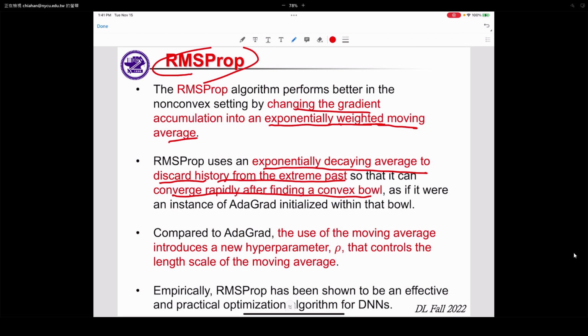You think that a gradient from a long time ago won't provide much useful information. But now you have to introduce an extra parameter for this case, a new hyperparameter, that controls the decay scale of the moving average.